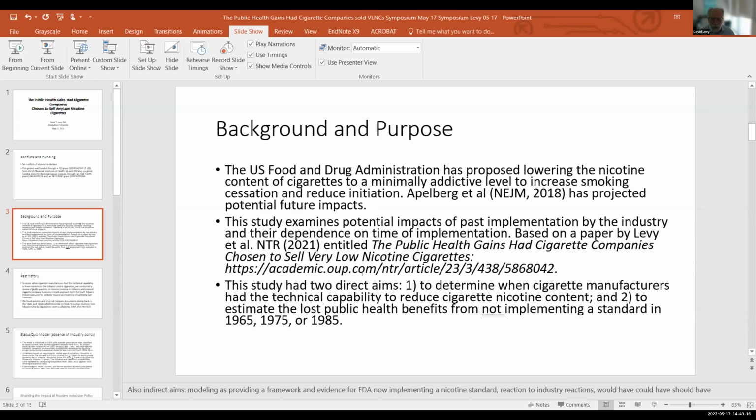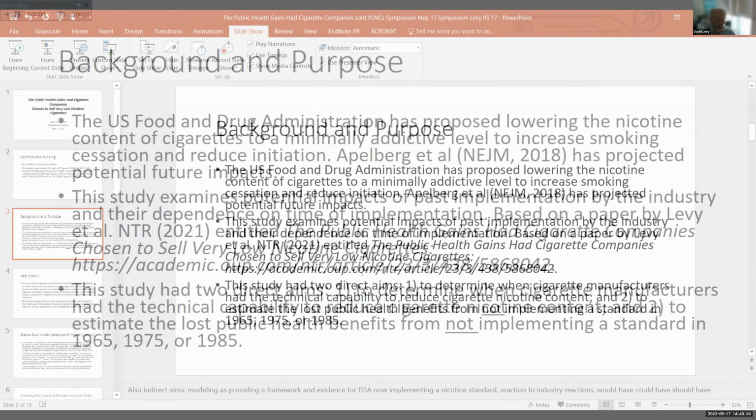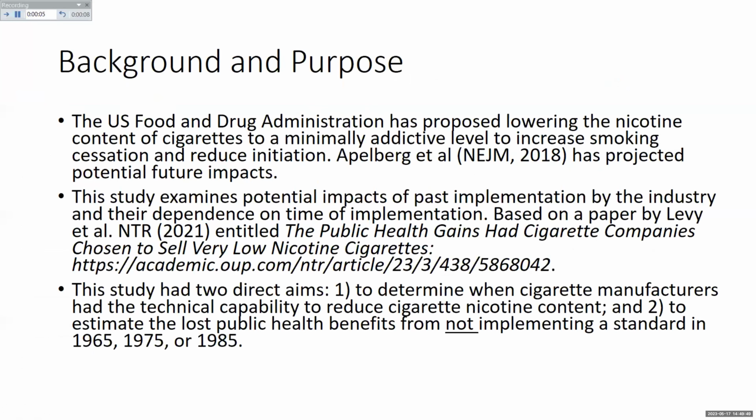The presentation's based, as I mentioned, on a paper published a couple years ago. And here's the reference if you're interested. Okay. So the paper itself had two main aims. First, we wanted to establish that cigarette manufacturers had the technical capability to reduce cigarette nicotine content.